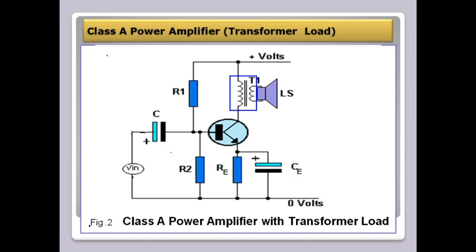In the resistor-load amplifier the load is directly connected to the collector, and here it is replaced with the transformer primary. Everything else is the same: R1 and R2 for potential divider bias, CE the emitter bypass capacitor, RE the stabilization resistor, and C the input capacitor.